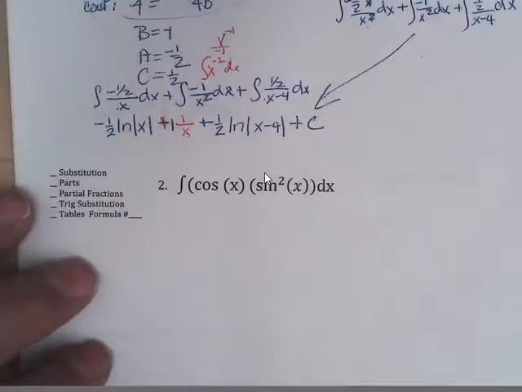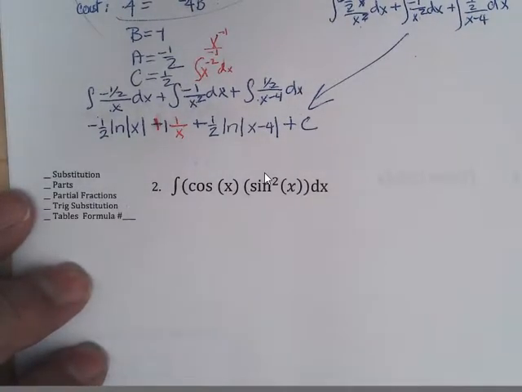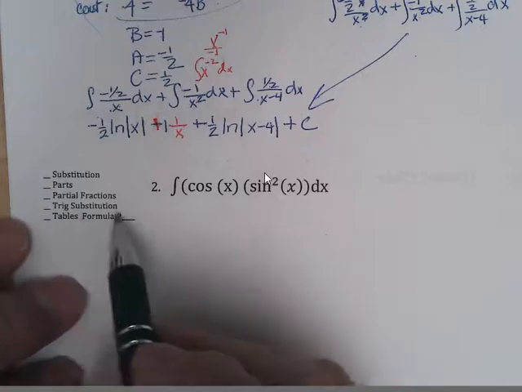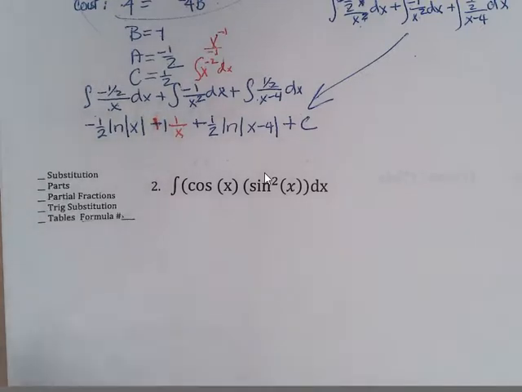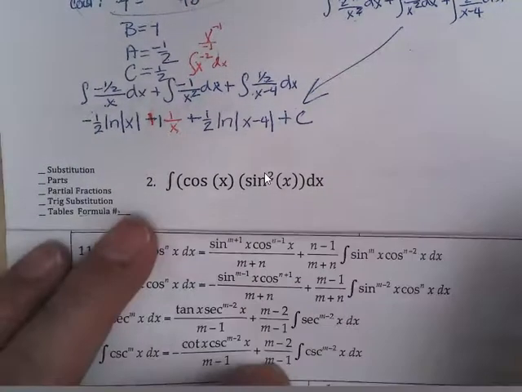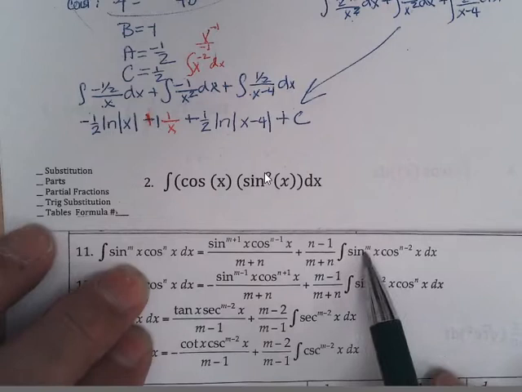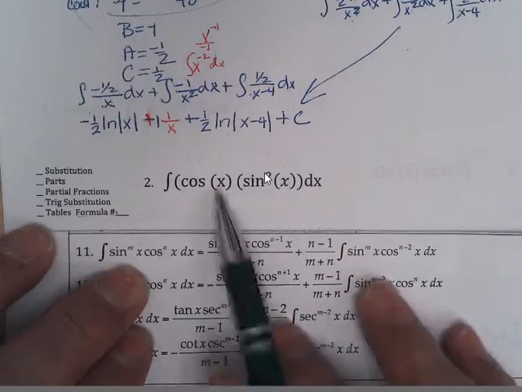Okay, number 2. Now you can do this with substitution, but this easily is done with tables. And the table that works with this one, if I do 11, the sine would stay the same and the cosine would go down by 2.